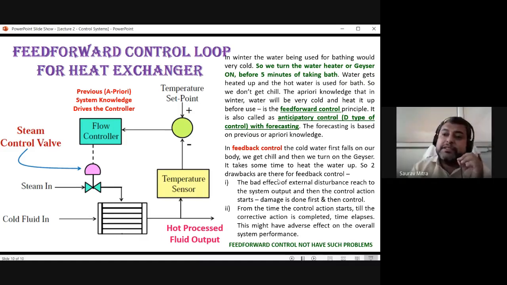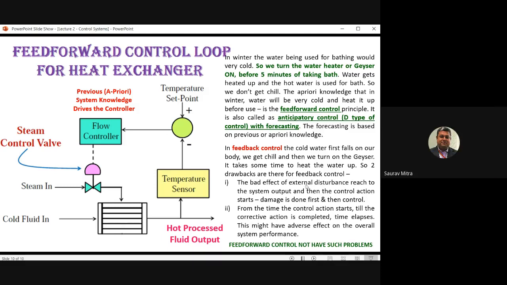That means first the cold water is falling on our body, we are getting chilled, we might get cold or fever. So the damage is done first and then control. This is feedback control. Damage is done because the disturbance is affecting the output. The student failed, and will pass after 6 months. That is actually feedback control.